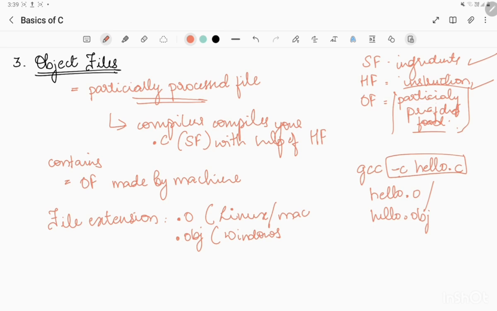Alright, this object file helps getting linked to other object files. Alright, this object file links to other object files to form an executable file. Alright, to form an executable file. So this is basically what object file means.